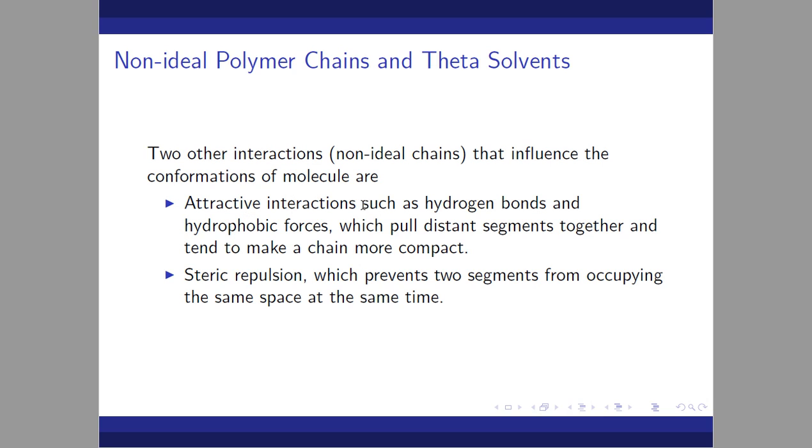Okay, so here you can see that attractive interactions such as hydrogen bonds and hydrophobic forces will pull distant segments together and tend to make a chain more compact. But kalau yang ideal polymer chain, it is less compact. Then we have the steric repulsion, which prevents two segments from occupying the same space at the same time.